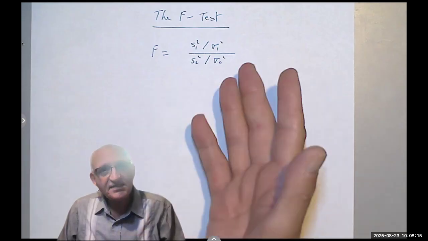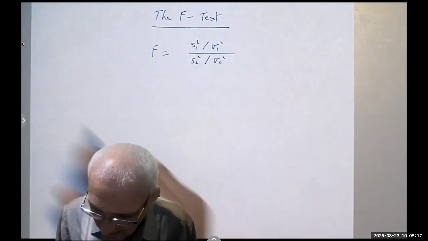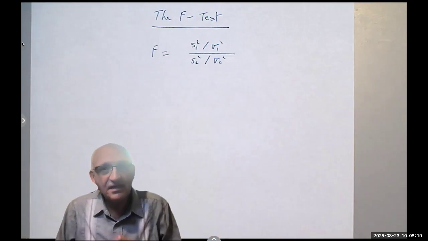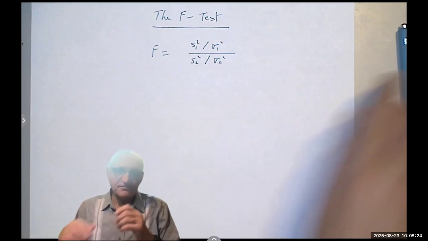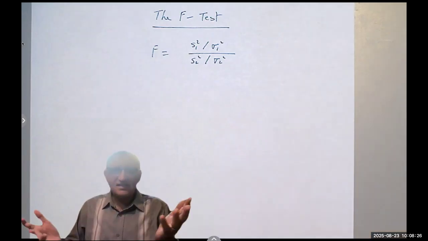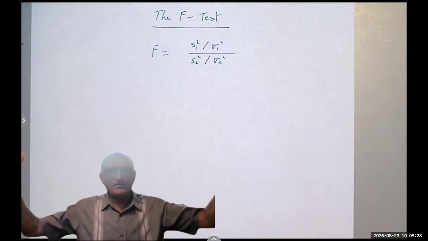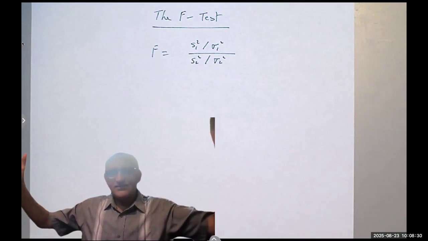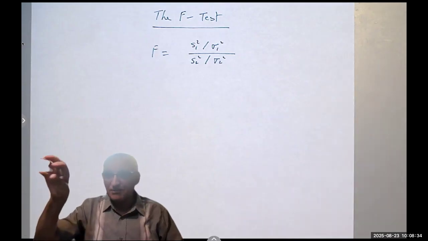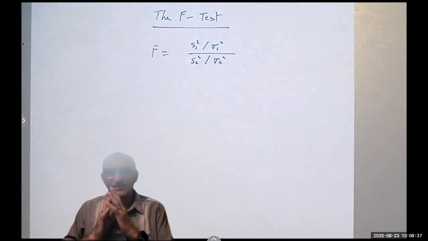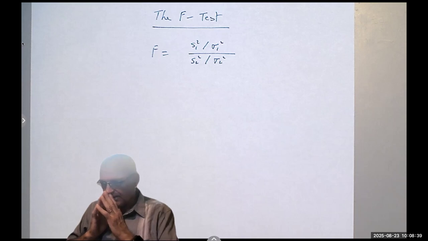So if that's the case, we can find a ratio of sigma 1 square over sigma 2 square. Same thing like we did when you had, for example, z equals x bar minus mu over sigma over root n, and we wanted to separate mu. Here I want to separate sigma 1 square over sigma 2 square.